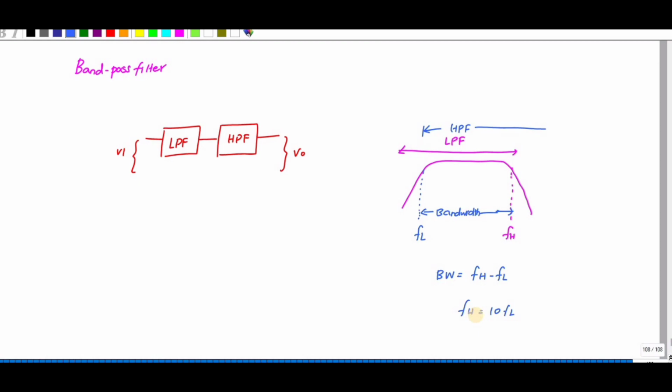So let us discuss the circuit diagram of single stage bandpass filter.